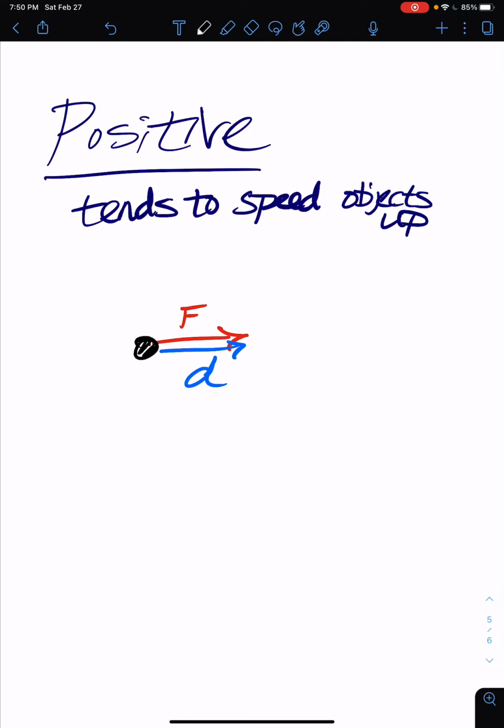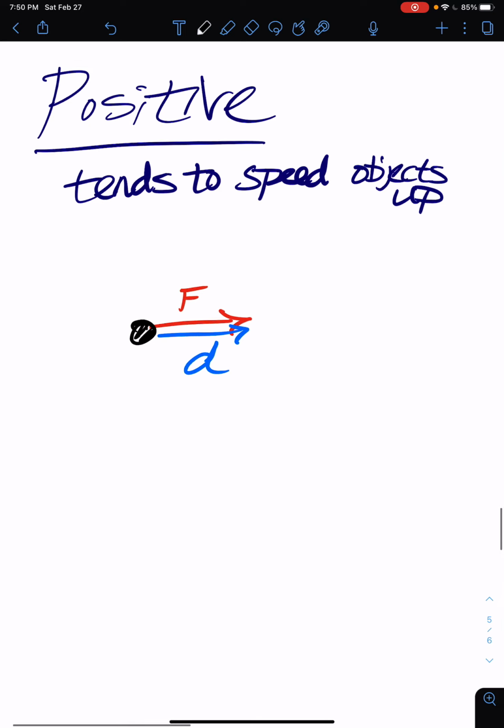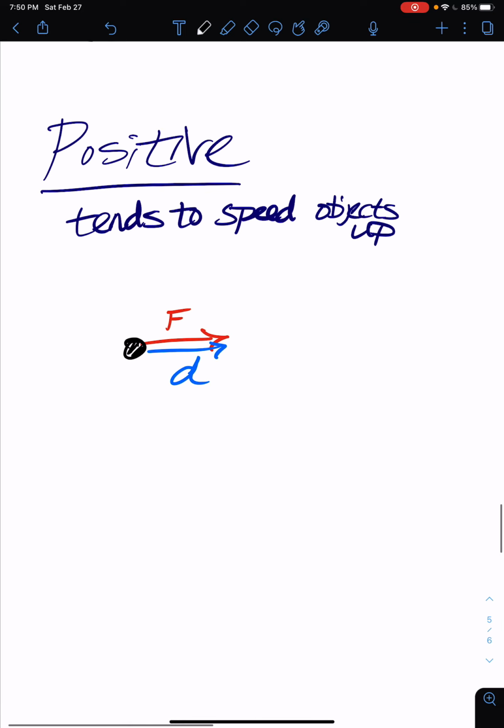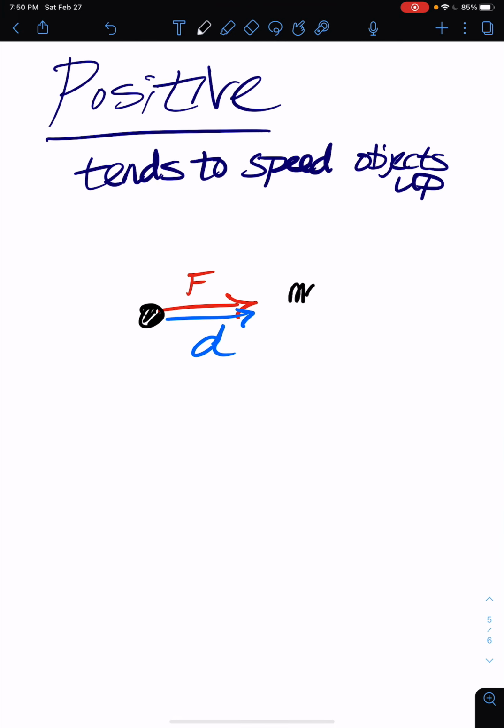And here, this would be actually an example of max positive work. Meaning, we were doing positive work in the last example, but it wasn't at a maximum. This is max positive work.